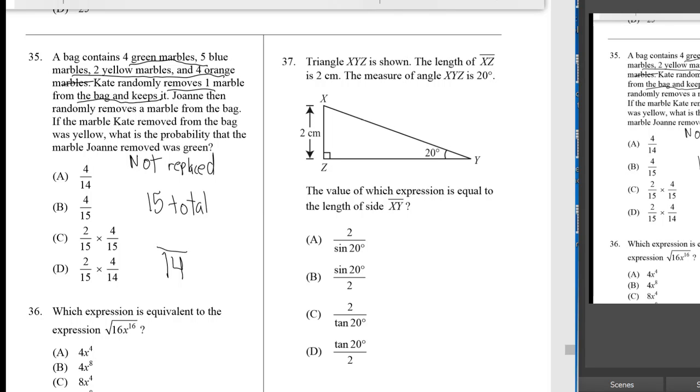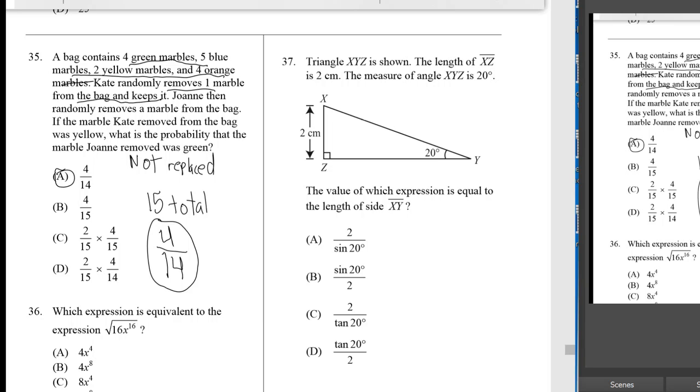What are the chances that the marble is going to be green? There's a 4 out of 14 chance that it's going to be green. So your answer should be A.